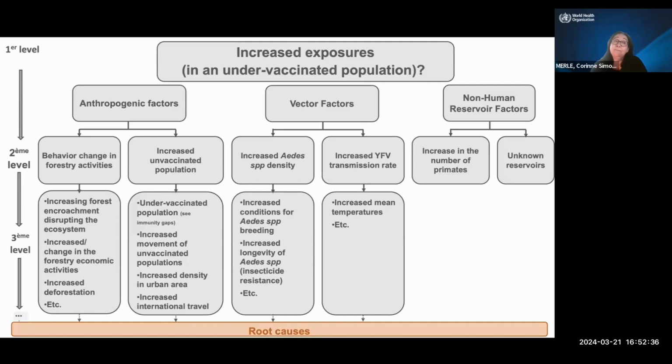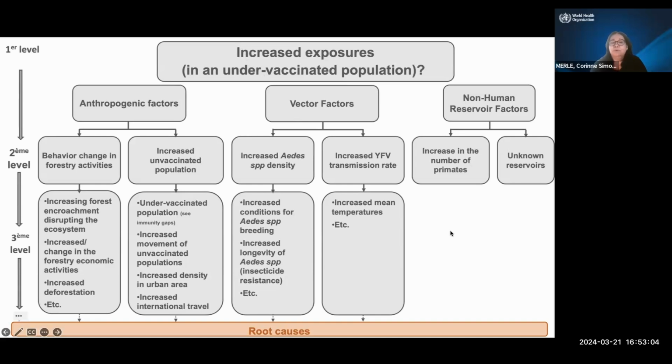But perhaps what can be done is, if we know that it's because of these factors, then perhaps you would like to increase all the preventive measures because you know that this problem will be there for a certain moment, and therefore there is a good reason for increasing vector control activities, or I don't know.